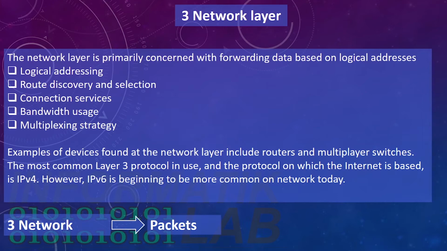Examples of devices found on the network layer include routers and multilayer switches. The most common layer 3 protocol in use, and the protocol on which the internet is based, is IPv4. However, IPv6 is beginning to be more common on networks today. So now, guys, when we are on the network layer, we see packets.